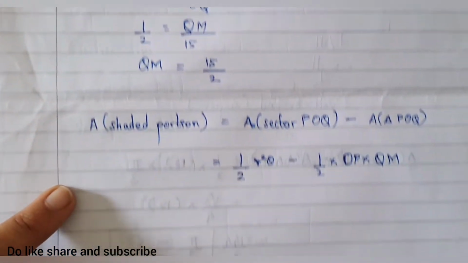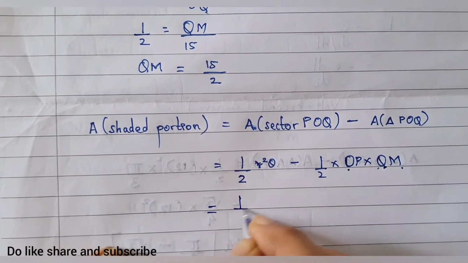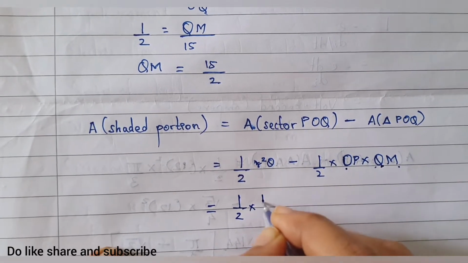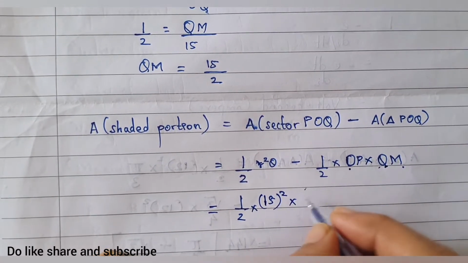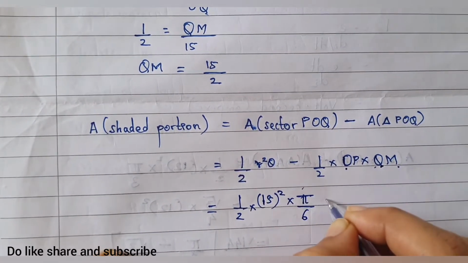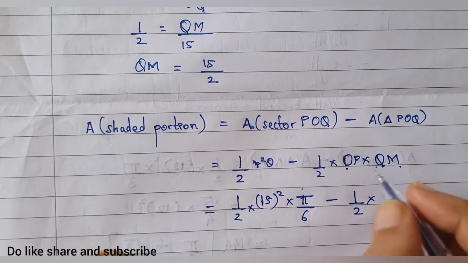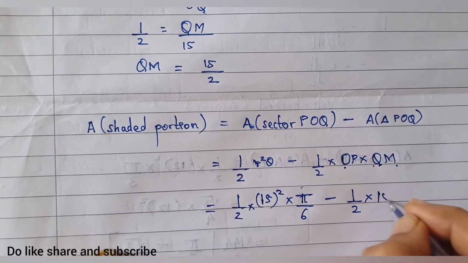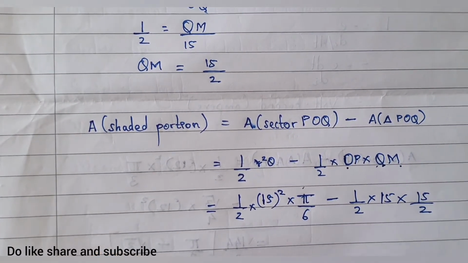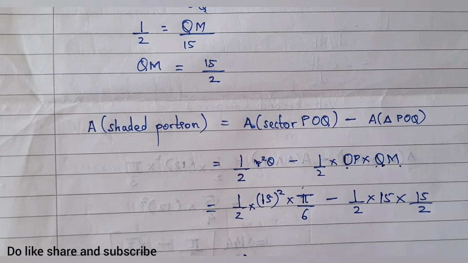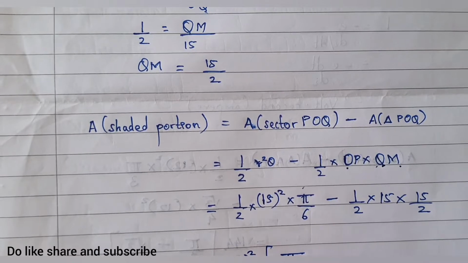So half into 15 square into pi by 6, subtracted from 1 by 2 into OP, that is the radius 15, into QM, that is 15 by 2. Now we take common terms out, 15 square by 2, with pi by 6 in bracket.